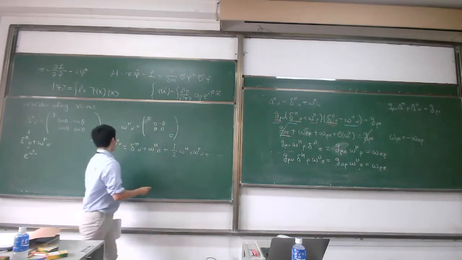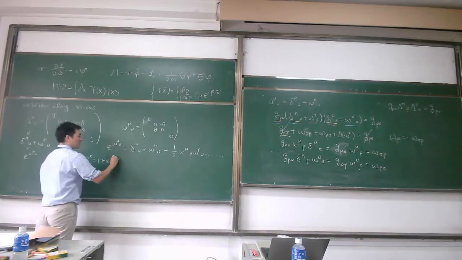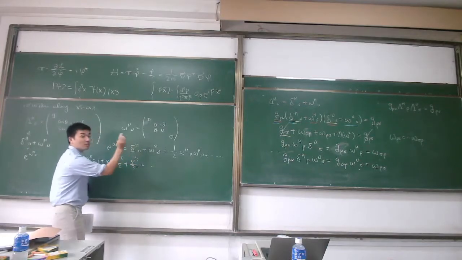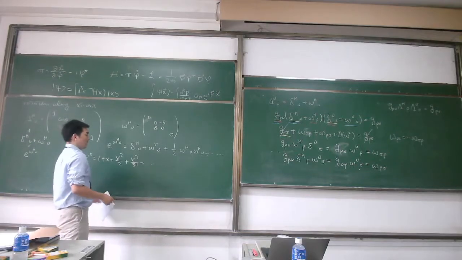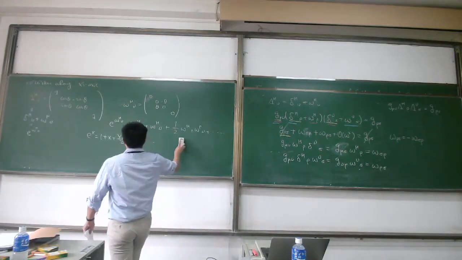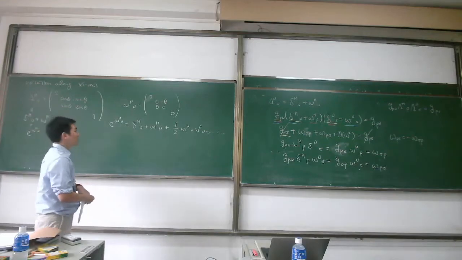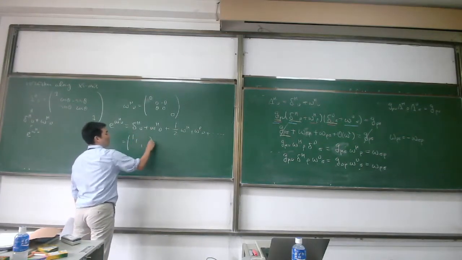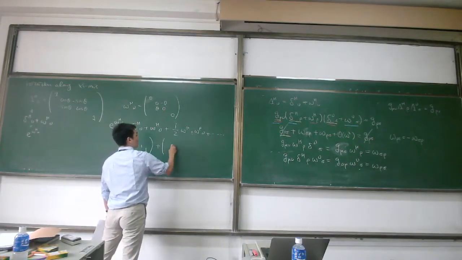e to the x is 1 plus x plus x squared over 2 plus x cubed over 3 factorial, and dot dot dot. It's the same thing. Okay. And I'm going to erase it. Do you agree with this point at this moment? And this one, delta mu nu, is just 1, 1, 1, 1. And next is theta, minus theta, and the rest.